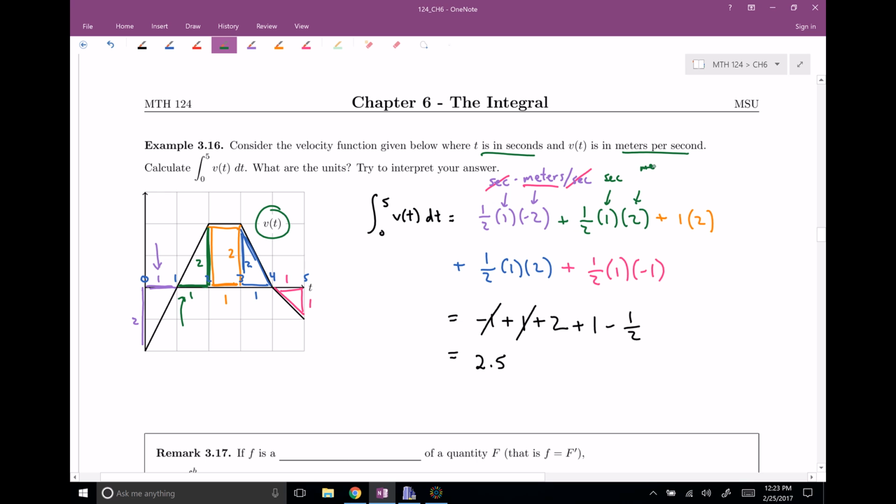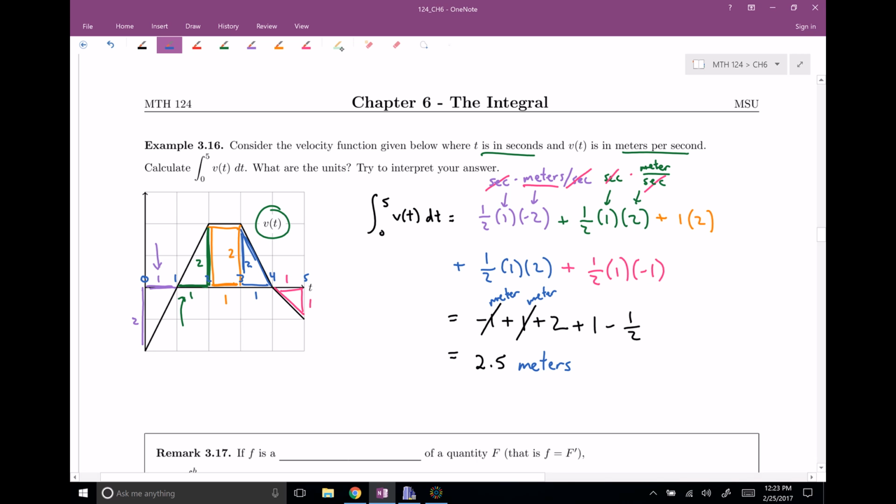And so again, if you were multiplying these things together, the seconds would cancel out and your units would be meters. So technically, all of these things, this is -1 meters, and this is 1 meters, and so on and so forth. 2 meters, 1 meter, -1/2 meters. And so when you add a bunch of meters together, the units here are meters.